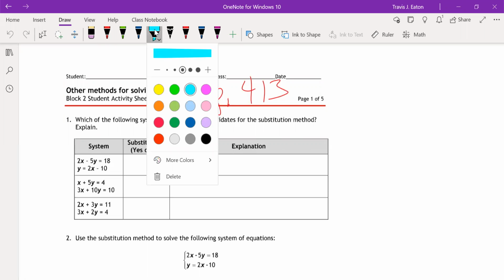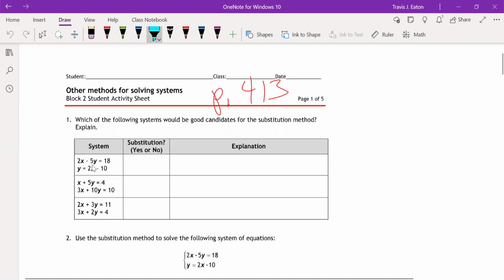And so let's take a look at this first one. It is 2x minus 5y equals 18. Okay, and then the other one is y equals 2x minus 10. Now this one, I will tell you, is a great candidate for solving with substitution because it tells you the exact value of y in terms of x.